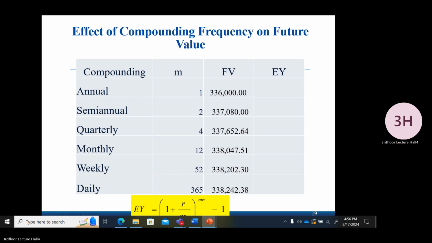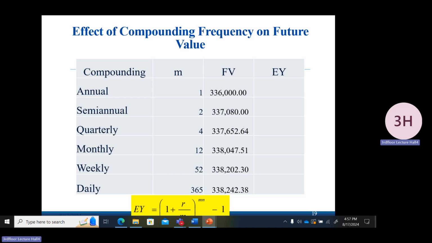So we can calculate the effective rate when the compounding frequency changes.